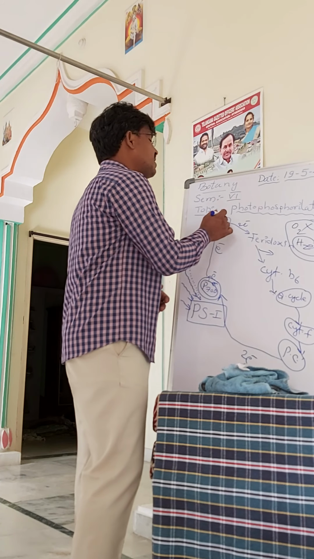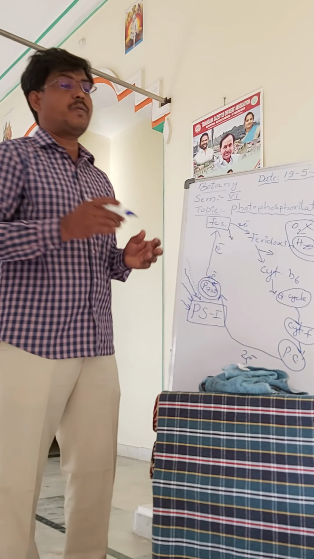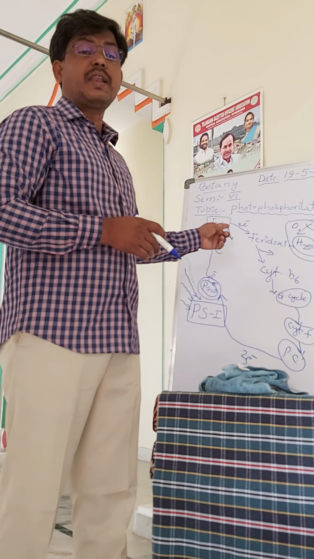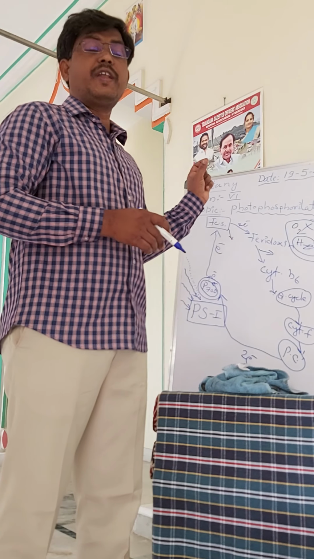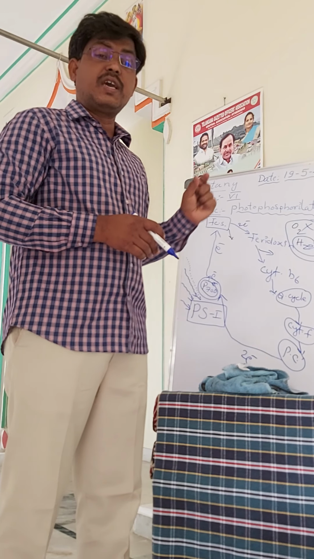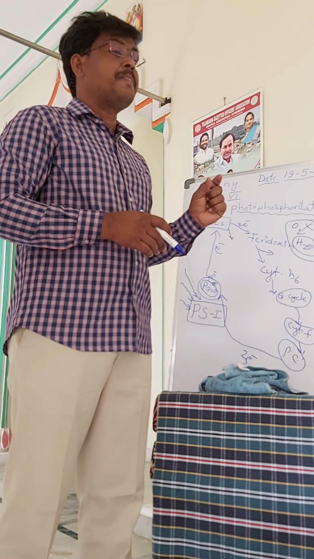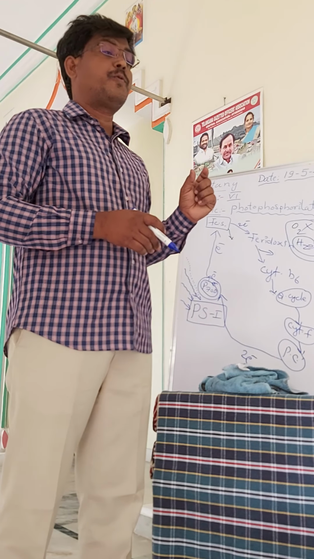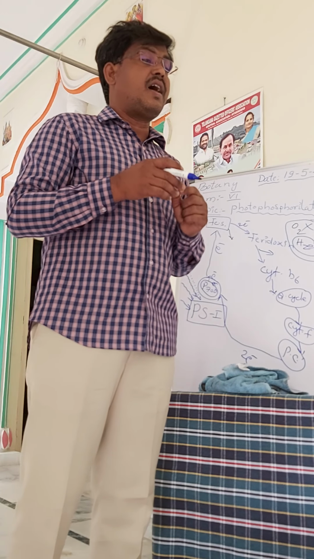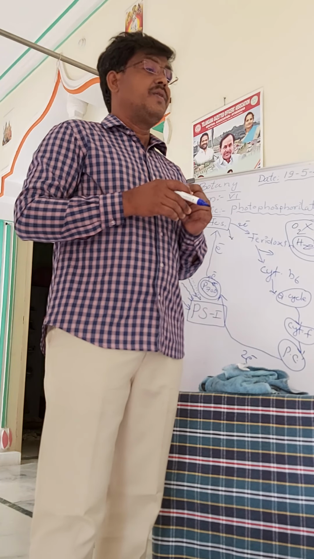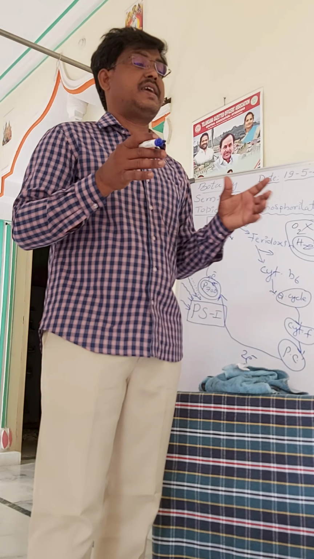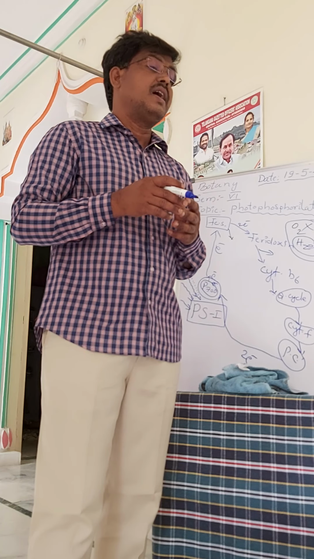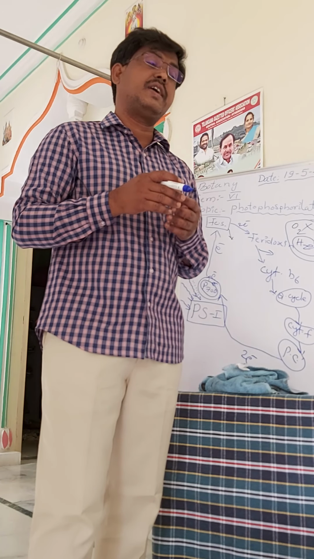This is the ferrous sulfur protein. It is the first electron receiver in the cyclic photophosphorylation of PS1. The ferrous sulfur protein reaches the ferredoxin in the oxidized state, so as a result the ferredoxin is reduced.